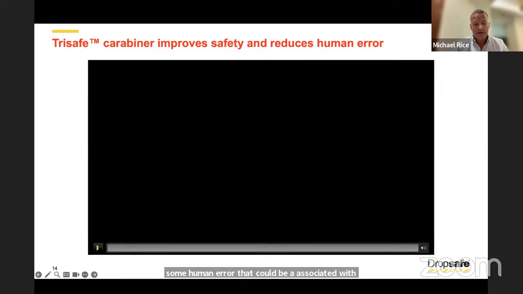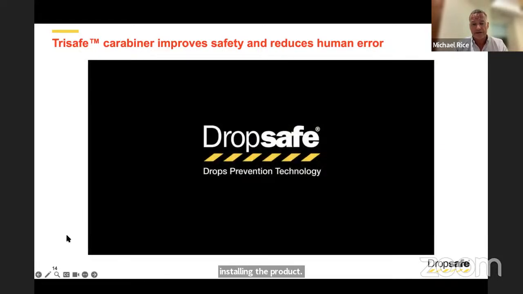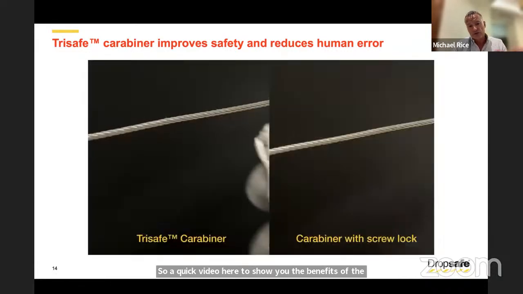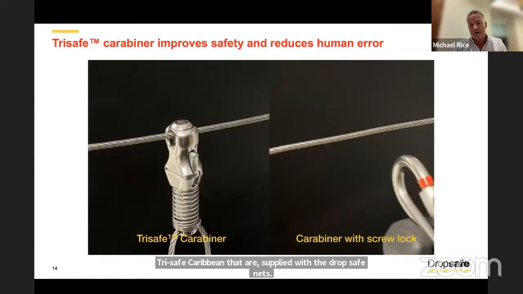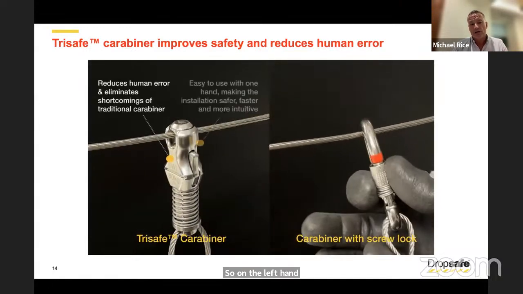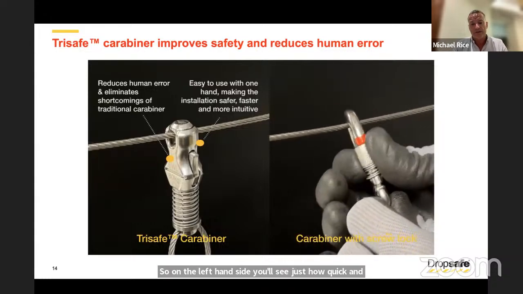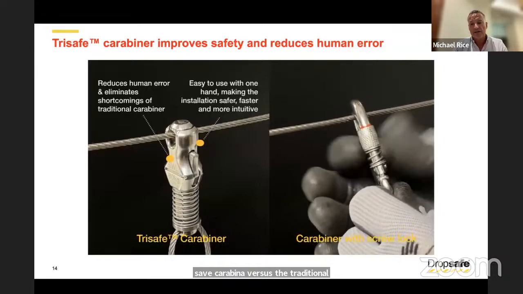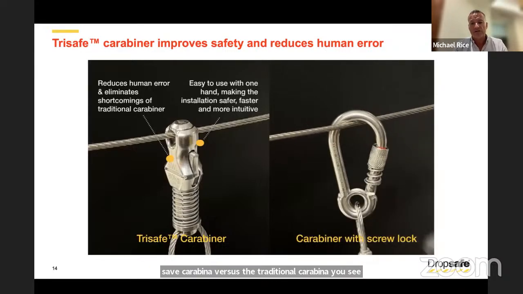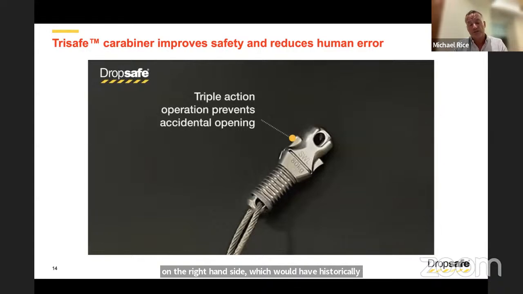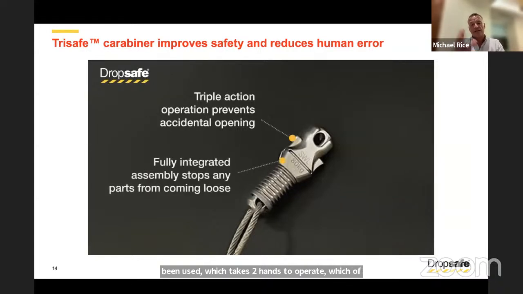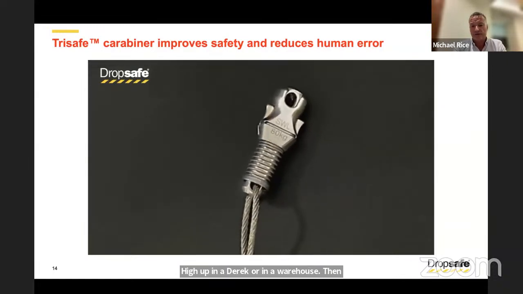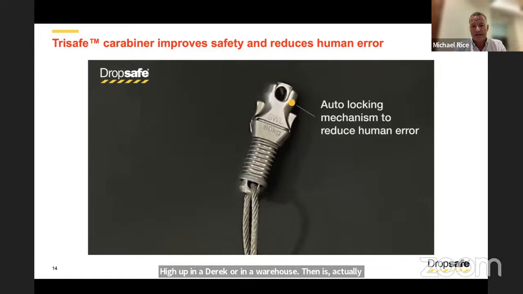So a quick video here to show you the benefits of the TriSafe carabiner that are supplied with the Dropsafe nets. So on the left-hand side, you'll see just how quick and easy it is to secure a net, for example, with the TriSafe carabiner versus the traditional carabiner you see on the right-hand side, which would have historically been used, which takes 2 hands to operate, which, of course, if you're trying to install nets high up in a derrick or in a warehouse, then is actually very difficult to use and install correctly.